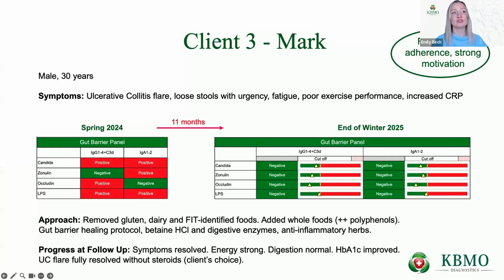So zonulin has to do with the tight junctions being together or pulled apart. Okay, so zonulin antibodies will appear where you have, right, I'm going to do this now. This is going to look really bizarre. But I hope you can see that on your screen. So this is my epithelial tight junction, okay? I can't see you through it because it's completely tight.